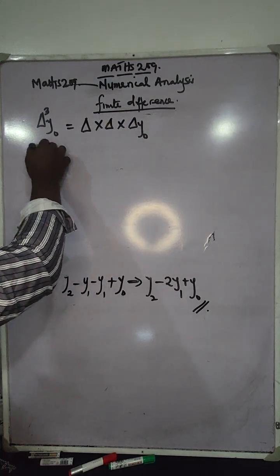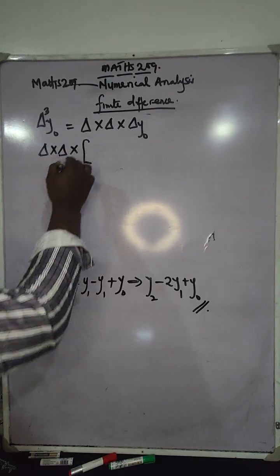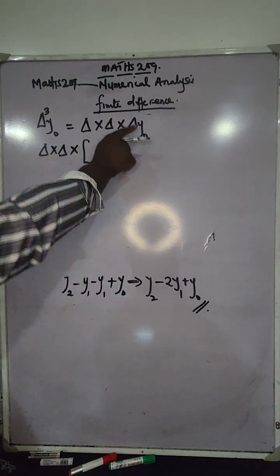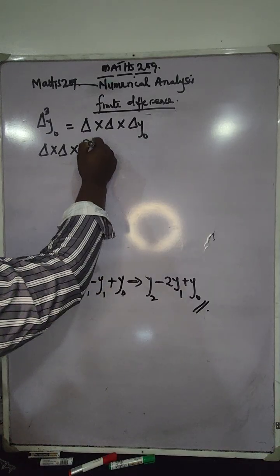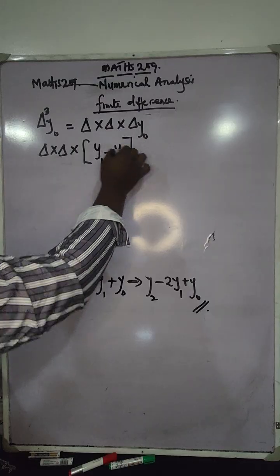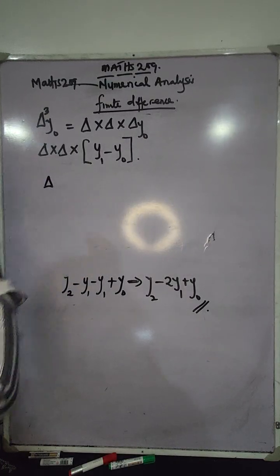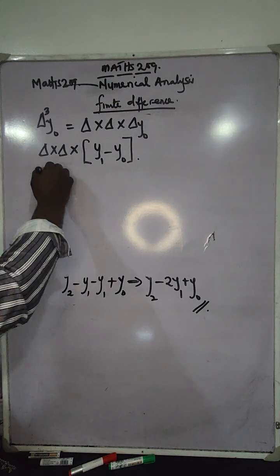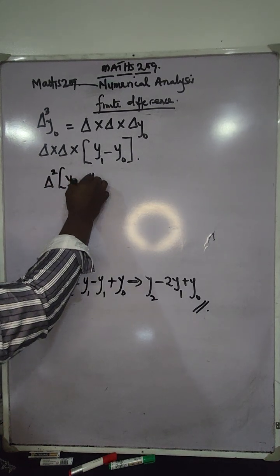Ask yourself, what is the definition of this? By now, we understand that the definition of forward difference of y naught is y1 minus y naught. Is that not? And so from here, the forward difference, did you see that? All squared should be y1 minus y naught.